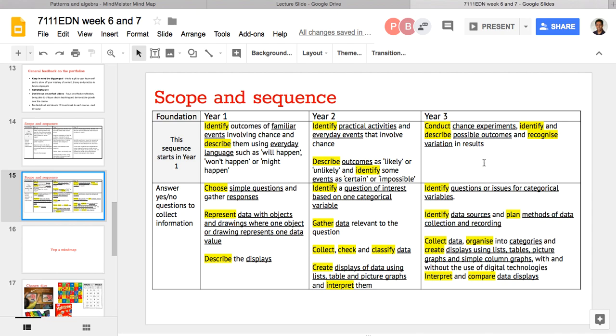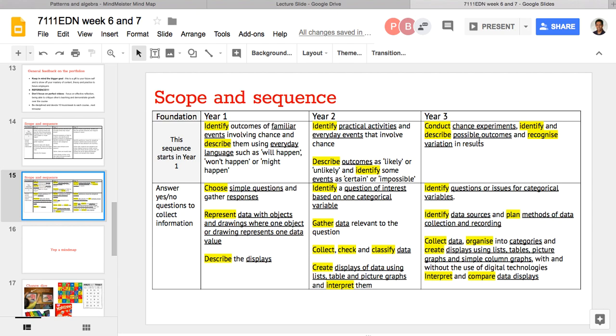In year 3, students are starting to conduct these things called chance experiments. And so chance experiments would be things like rolling dice, picking marbles out of a bag. That's what we're talking about when we're talking about chance experiments.